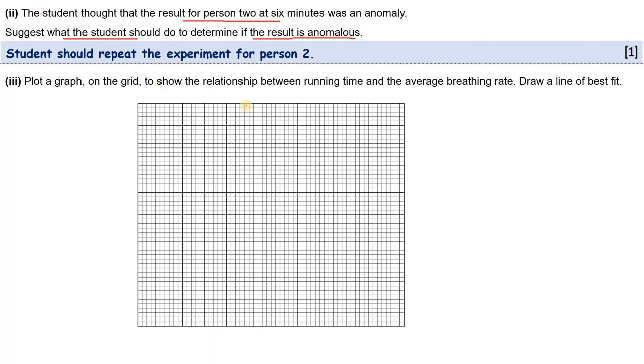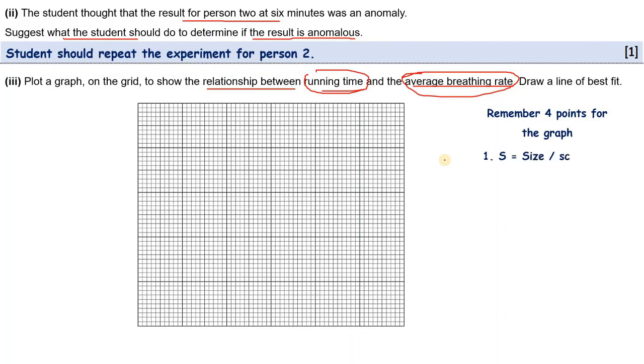We come to the next question. Plot a graph on the grid to show the relationship between running time and the average breathing rate. So running time against average breathing rate needs to be plotted. Here, we need to first consider some rules to make the graph. First, size.